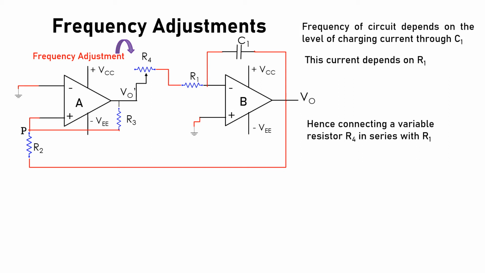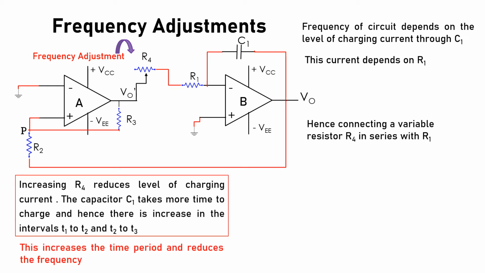We will consider what happens if we increase the value of resistance R4 and if we decrease it. When we increase R4, it reduces the level of the charging current. The current flowing through the capacitor C1 reduces, which indicates that C1 takes more time to charge.